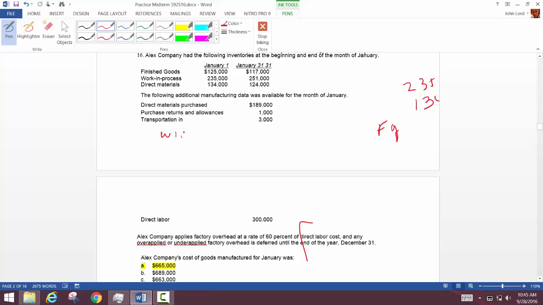Work in progress, 235. Okay, so we're going to analyze work in progress, which has a beginning balance of 235. Good. Add direct materials. Okay, that's the beginning balance in direct materials.